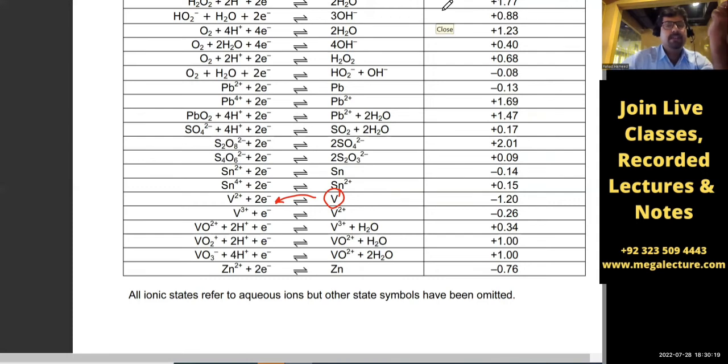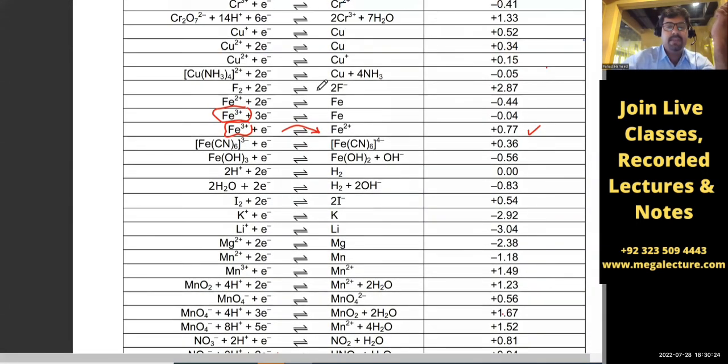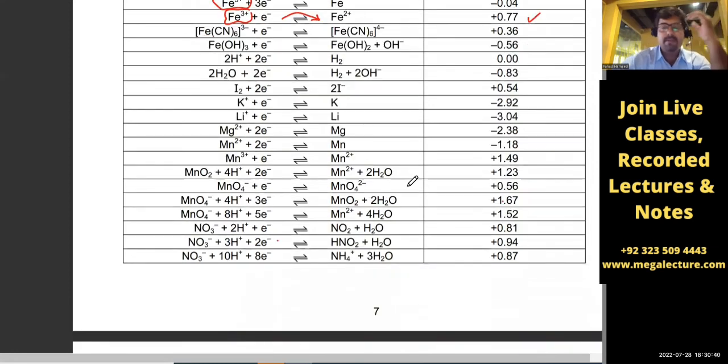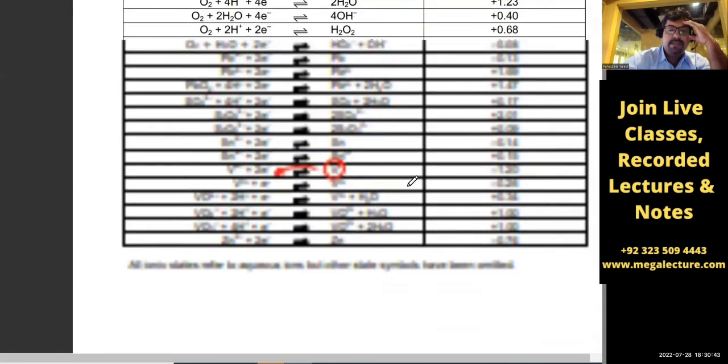It had actually two options. Fe3 plus could have gained 3 electrons, or Fe3 plus could have gained 1 electron, because 0.77 was the higher potential, which is why I chose that. If it had not been higher, nothing would happen to it. But it's the higher potential, so it gains electrons.